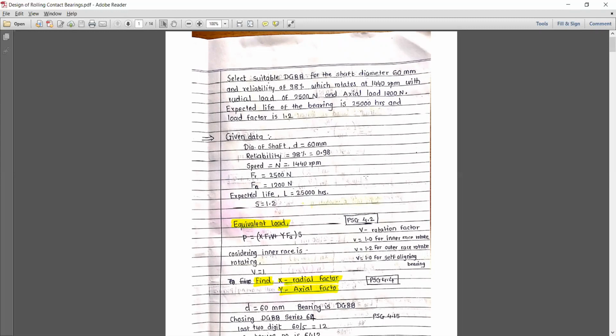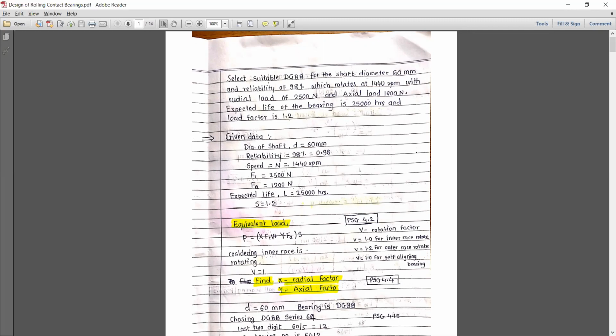60 mm. So here the diameter is provided, and the reliability of survival of that bearing is 98%. Normally bearings are designed for 90% probability of survival, or you can say 90% reliability, but in this problem they have given the reliability of the bearing as 98%. It rotates at 1440 rpm with a radial load of 2500 newton and an axial load of 1200 newton.